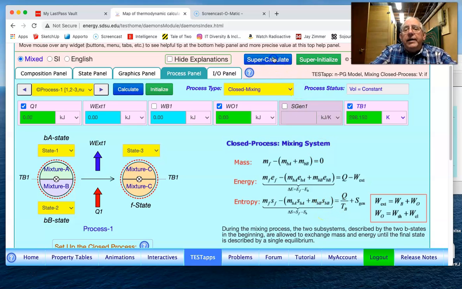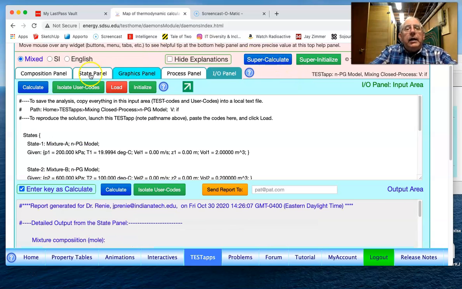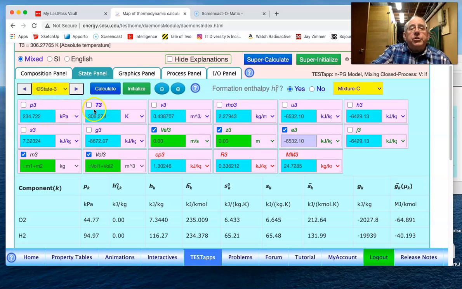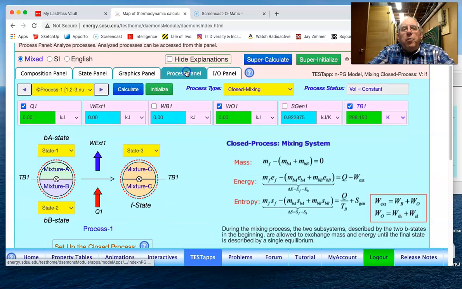So if I hit super calculate, and now I go back and check out our states, it now tells us that state 3 is at this pressure and this temperature, and it did that through the conservation of energy as well as the entropy balance information. And so now if I go back to the process panel, I see that the entropy generated is as given.